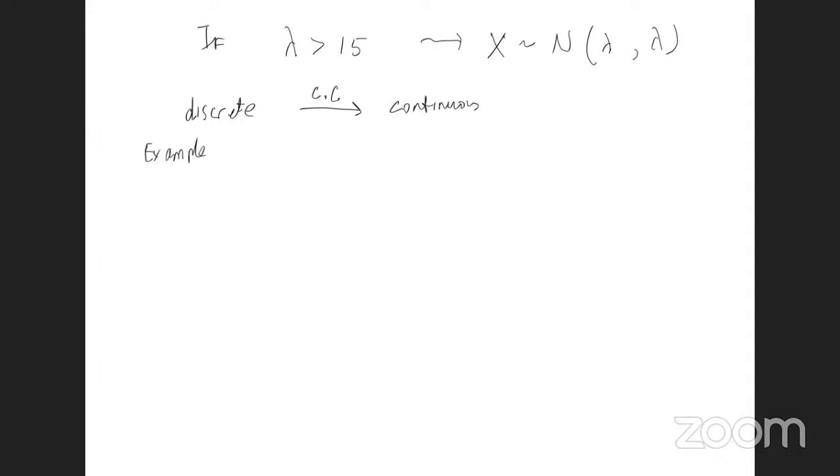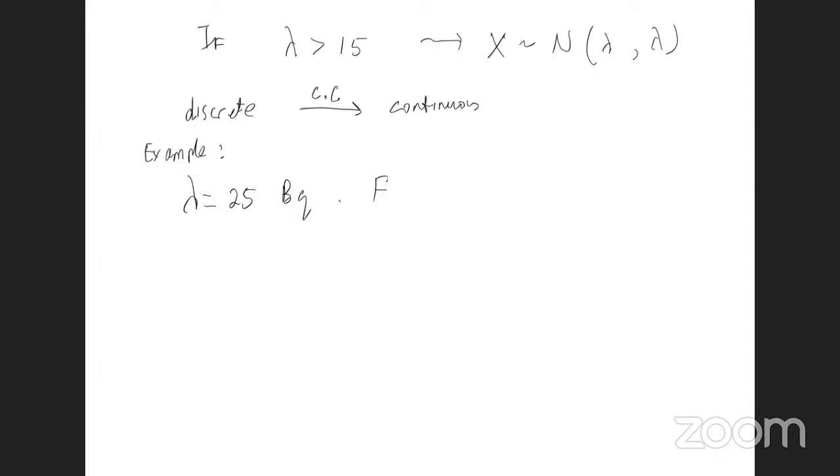Let's say I give you a radioactive disintegration that gives counts that follow a Poisson with a mean count of 25 Becquerel.